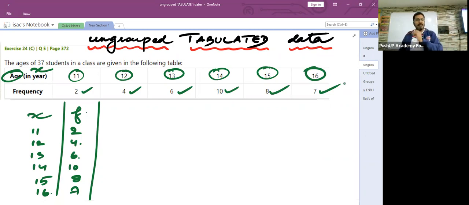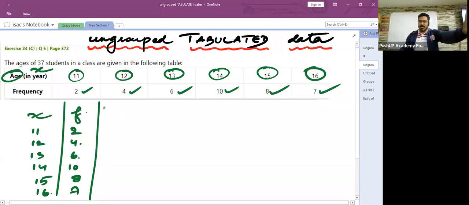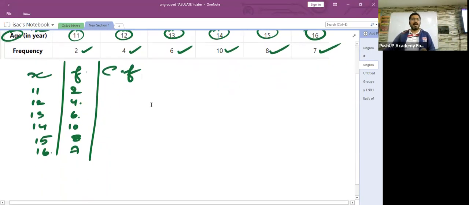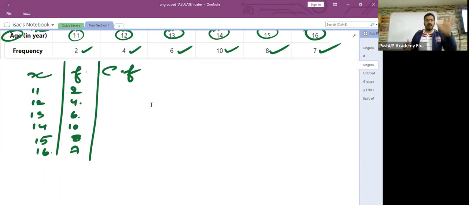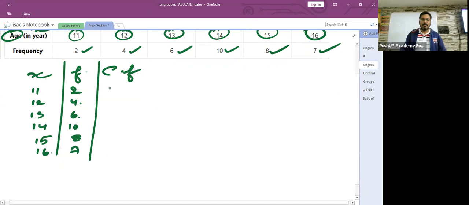That is why we learn a method to solve ungrouped tabulated data. What is the method which we learn, children? Create a column for cumulative frequency. Understood the drawback of converting it into arrayed data and then finding the answer? So we should always find the shortest possible solution. So find the cumulative frequency.